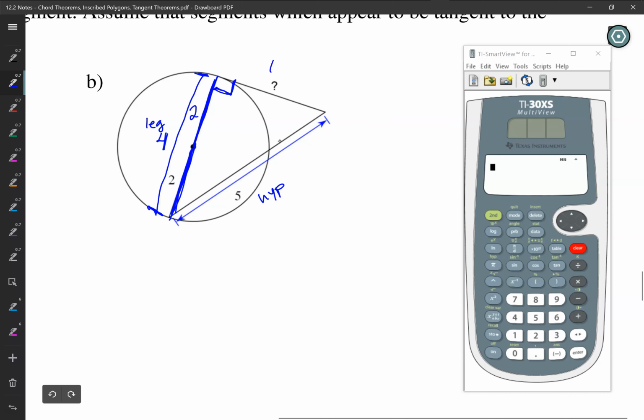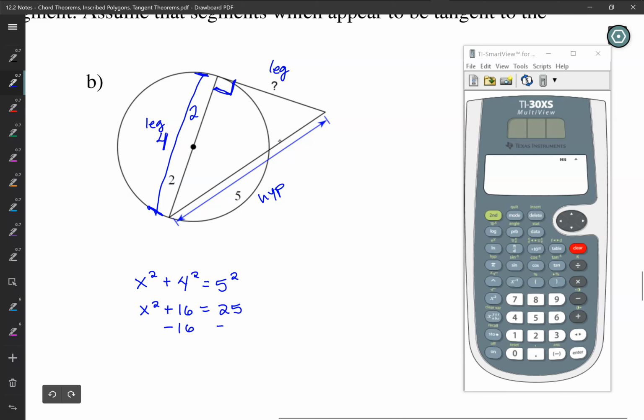So if I look at this, I have leg squared plus leg squared equals hypotenuse squared. So if I call that question mark x, I have x squared plus 4 squared equals 5 squared. So that's x squared plus 16 equals 25.